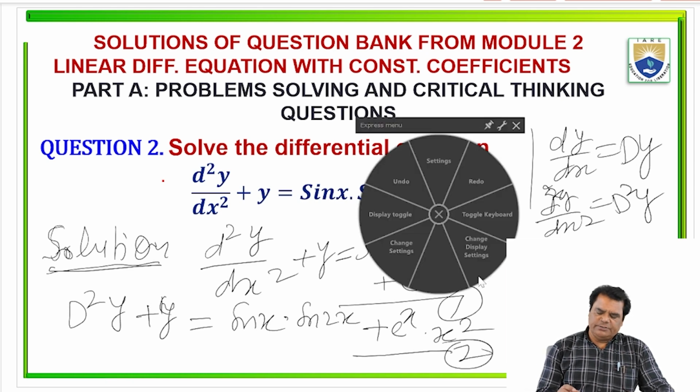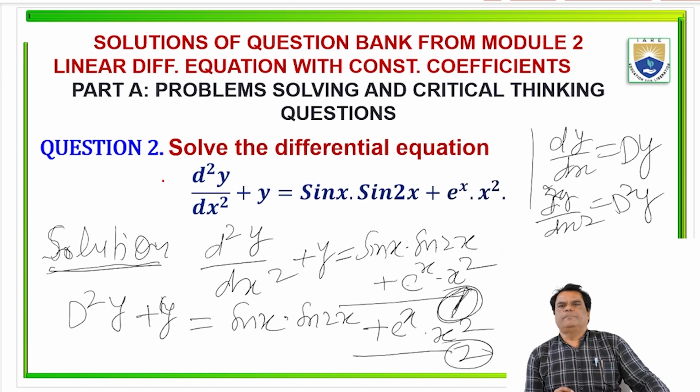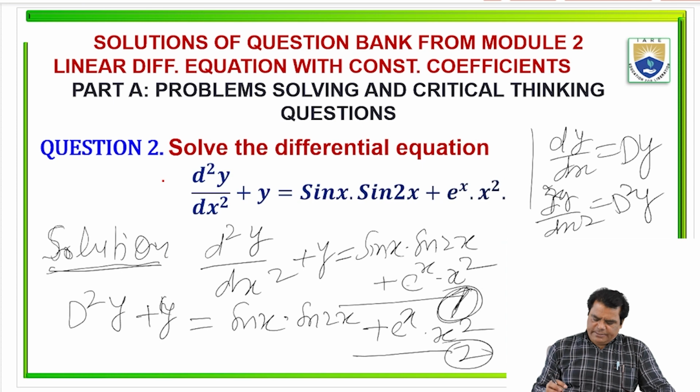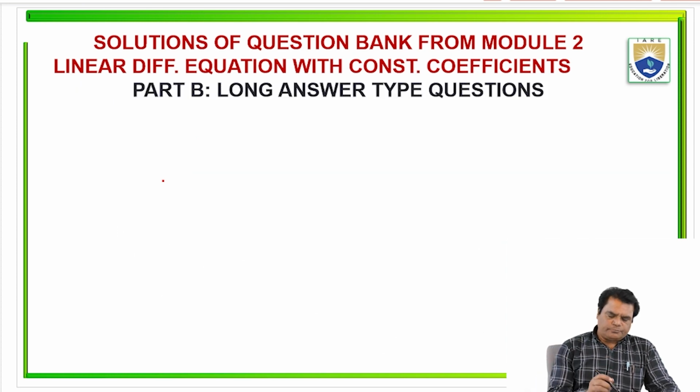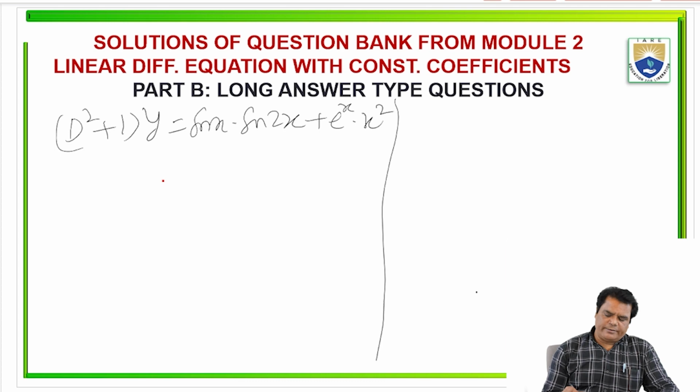Now y is taken common. So D square plus 1 into y is equal to sin x into sin 2x plus e to the power x into x square. This is equation 3.